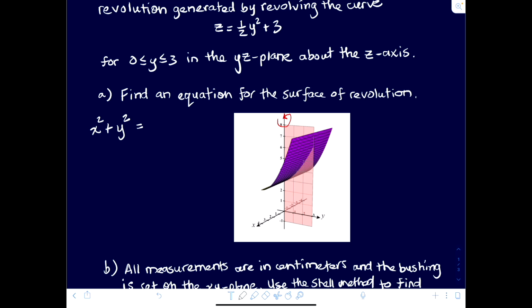So call it r in terms of z, that quantity squared. Because notice that as y tends from 0 to 3, the values for z in the original change. Groovy?